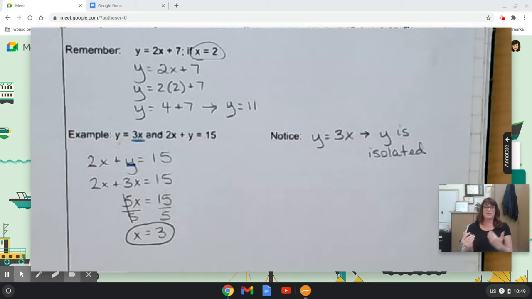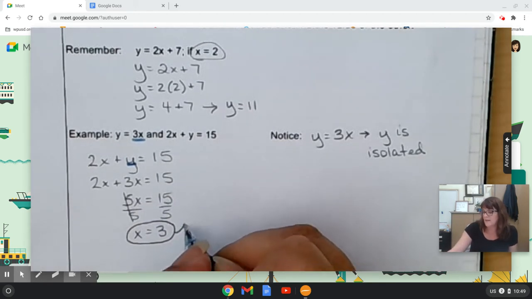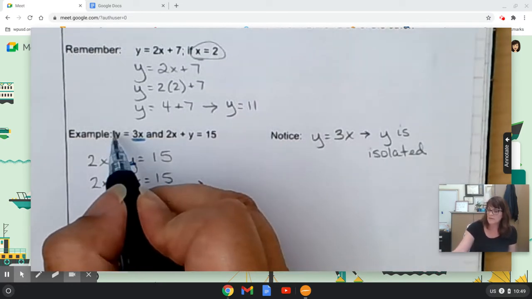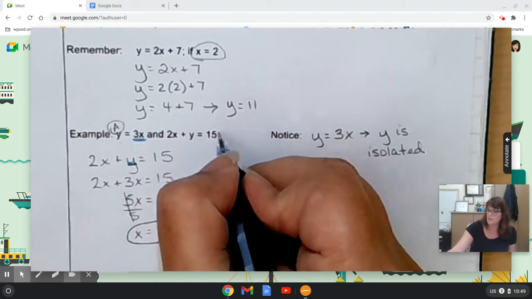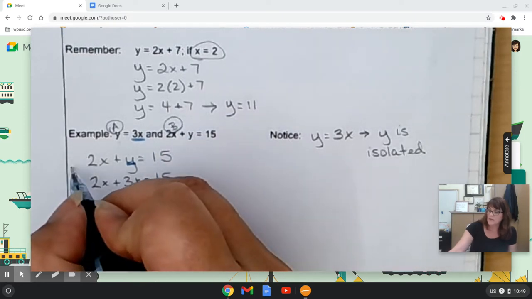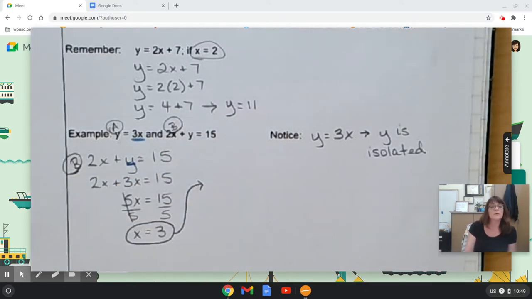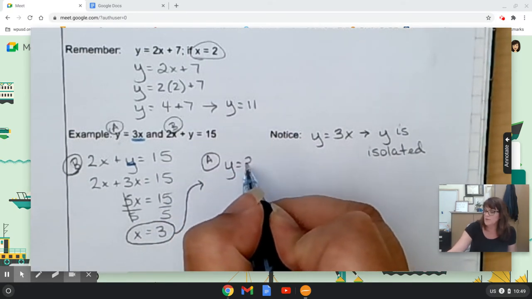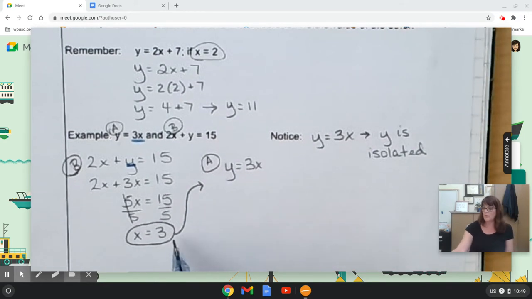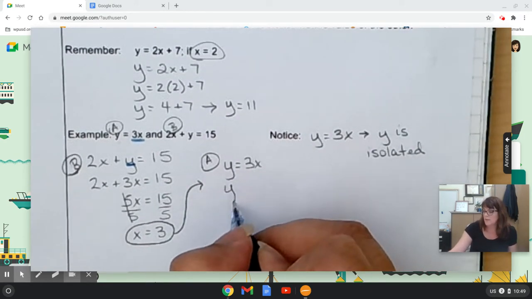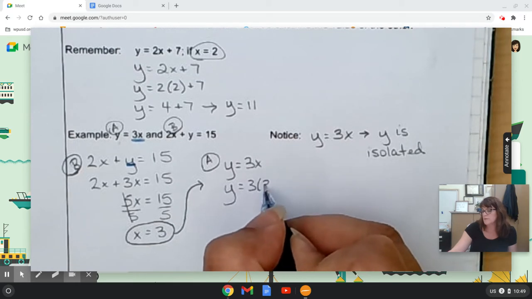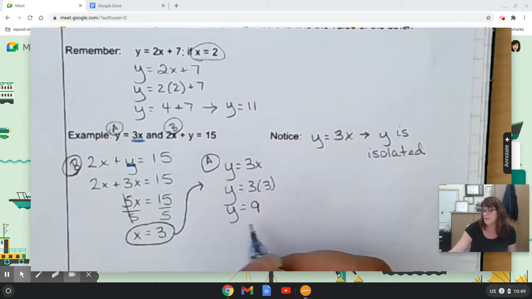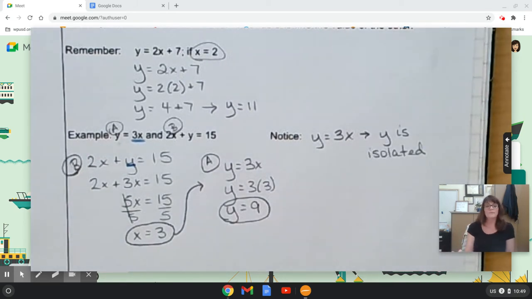So now I know what x equals. I'm going to take that information, and now I'm going to write this equation A. So I'll mark these A and B. I used B first. Now I'm going to use A. y equals 3x. Well, I know what x equals now. So I could write y equals 3 times 3. y equals 9. Circle that.